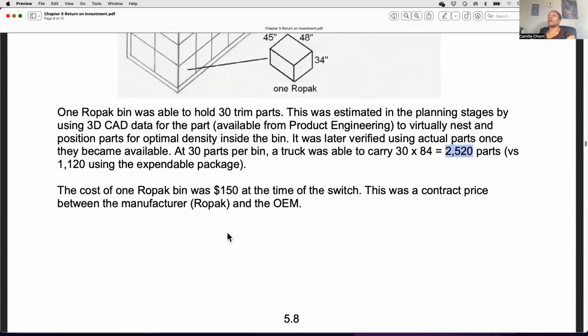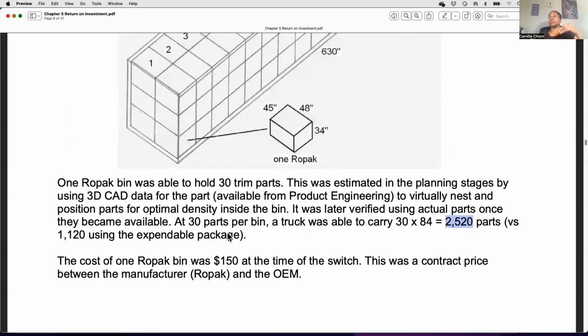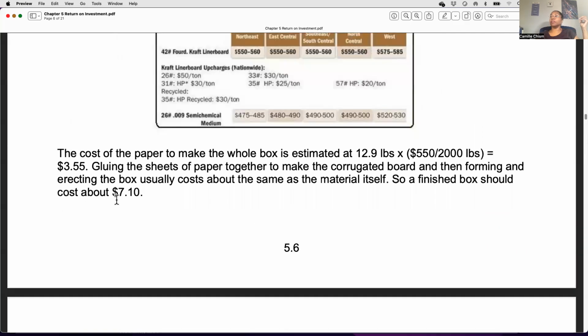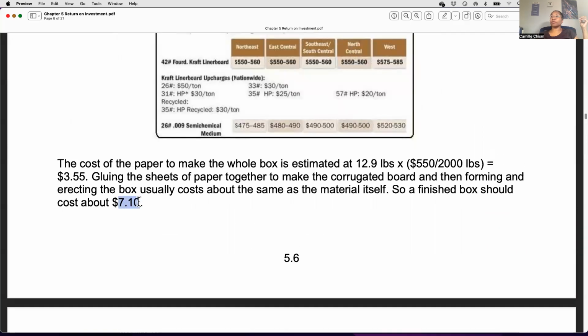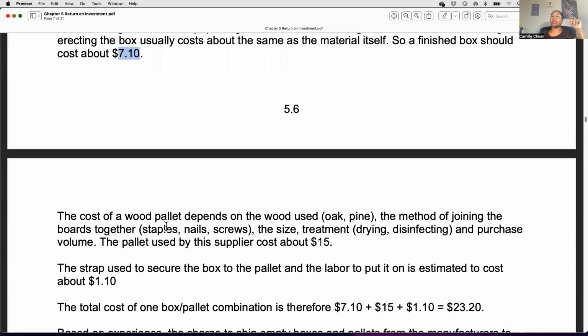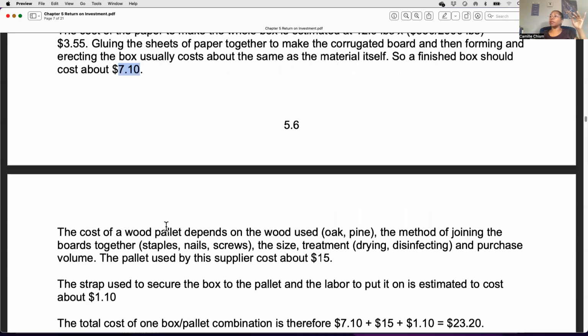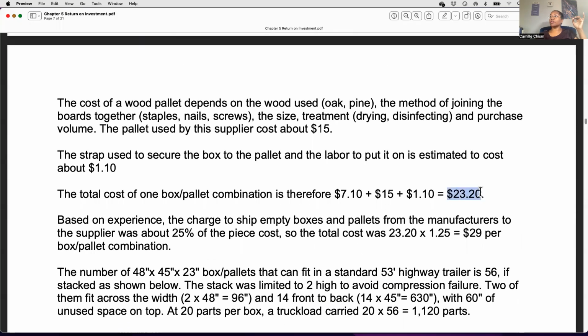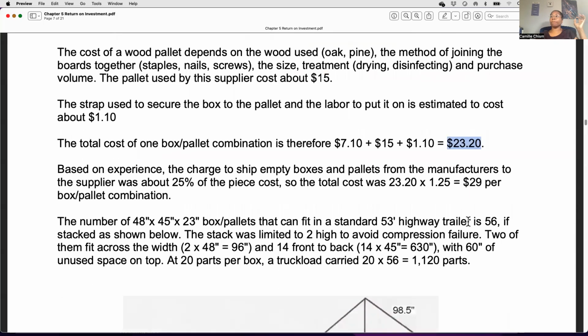Okay, so the cost of the RoPac bin itself was $150. So keep that in mind. We did the cost of the corrugated box up here, and we came up to $7.10. Remember that the corrugated box and pallet and strapping and everything together comes out to $23.20, right?